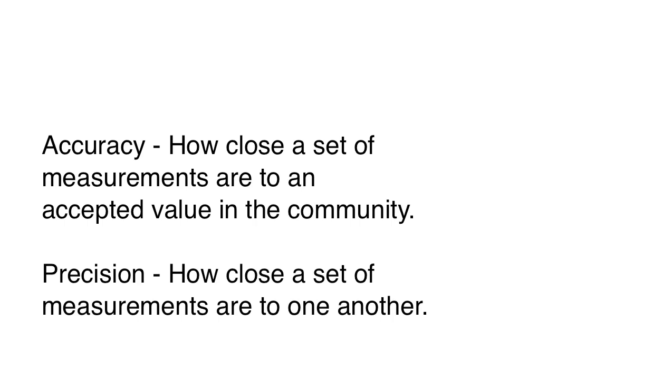So accuracy is how close a set of measurements are to an accepted value in the community, usually a scientific community. If you want to say my results are accurate or my data is accurate, you need to have an accepted or a known value that is comparable. So let's say that in a physics lab, you're dropping a ball over and over again from a given height, and you're measuring the acceleration due to Earth.